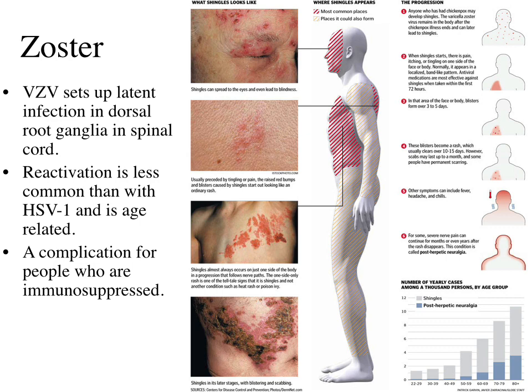Now, there are some serious complications for shingles. This includes post-herpetic neuralgia. For some people, shingles pain continues long after the blisters have cleared. This condition is known as post-herpetic neuralgia and occurs when damaged nerve fibers send confused and exaggerated messages of pain from your skin to your brain.